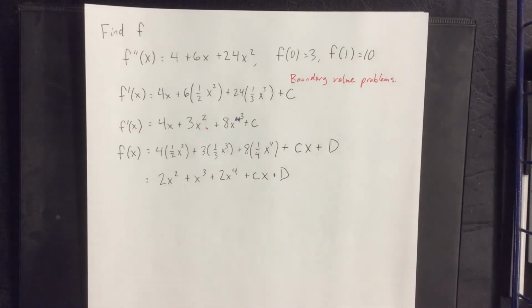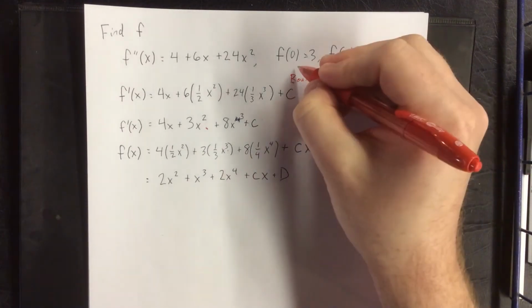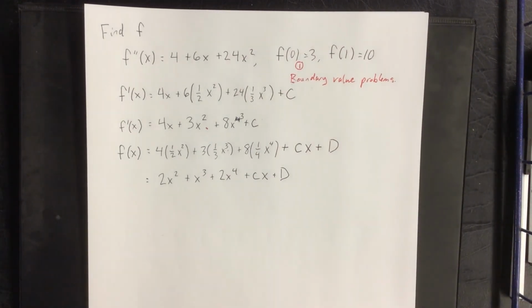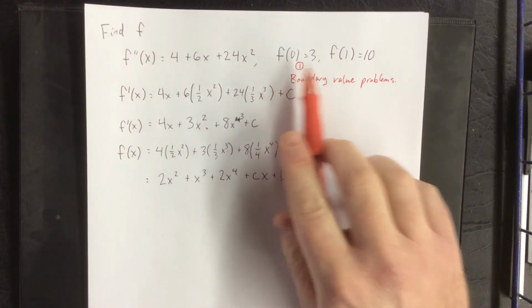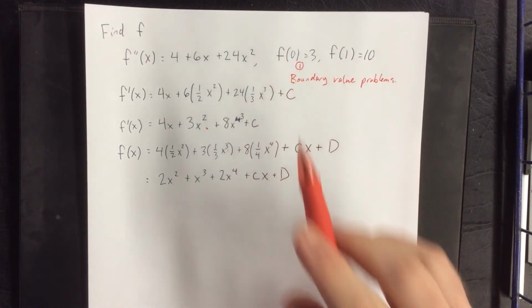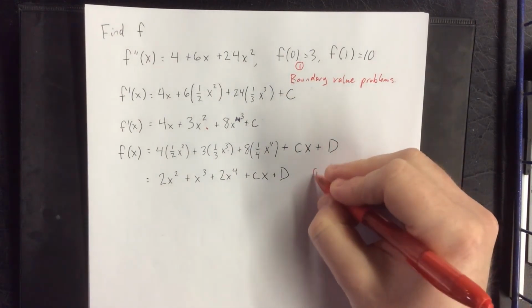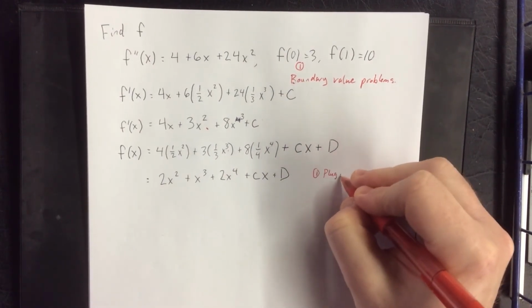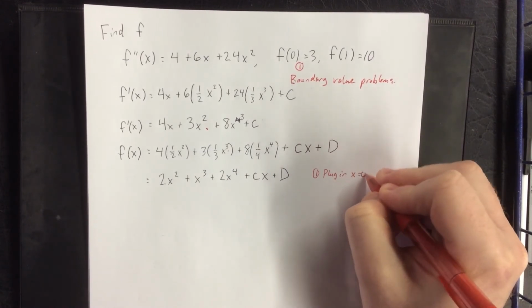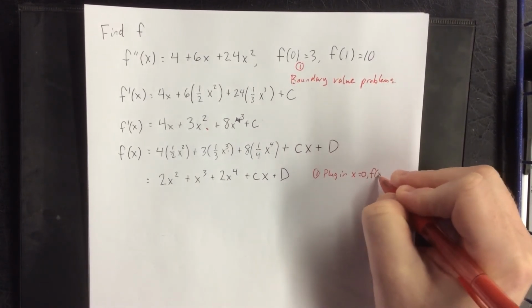Now that we're done, we can now start plugging in our initial conditions, and I'm going to start with this one. F of 0 is equal to 3. The order in which you apply them is completely arbitrary, but if I have the option of plugging in 0 or plugging in 1, plugging in 0 sounds more fun. So plug in x equals 0, we'll get that f of x is equal to 3.